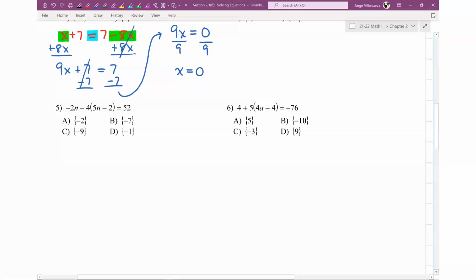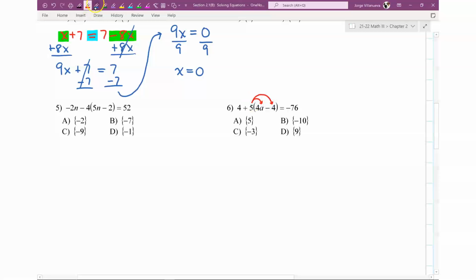Let's do number 6. Now, I may ask you guys for some help here. Some people wouldn't mind yelling some stuff out at me here. Number 6. In order to start doing number 6, what's my first step? Say it louder. Distribute. Thank you. So we're going to distribute, right? This 5 times 4a, this 5 times negative 4, right?